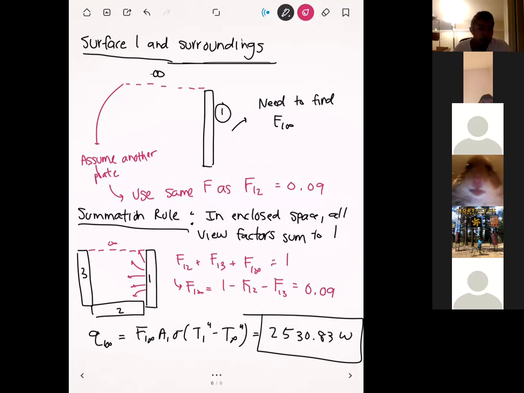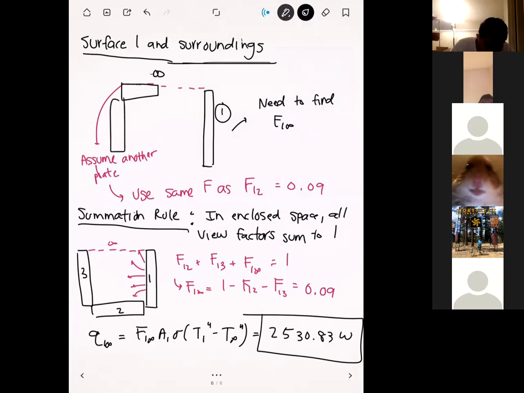So I guess the assumption part would not work if, let's say, for the imaginary infinity, there's another plate that goes halfway, so at least a half opening. So you have something like this, maybe, right? Yeah, something like that, where then you have to use the summation rule to get your F instead of using the assumption.